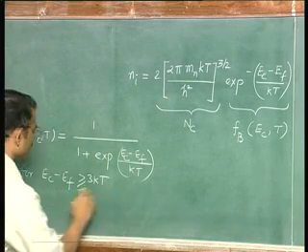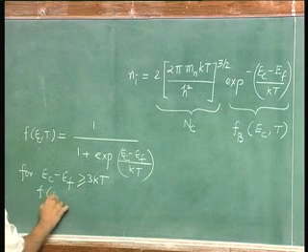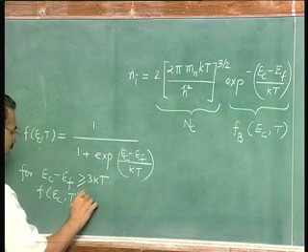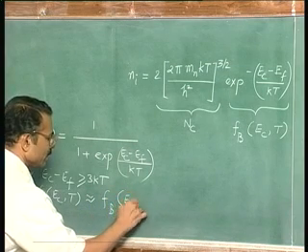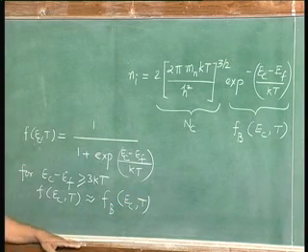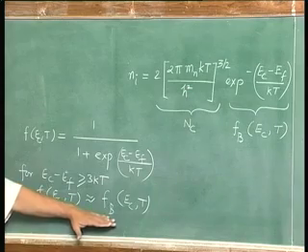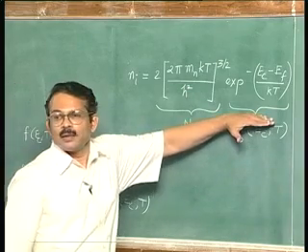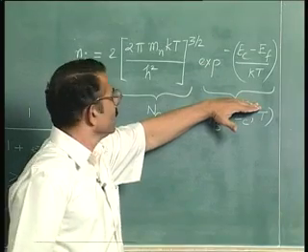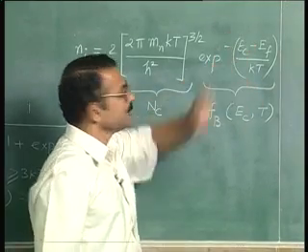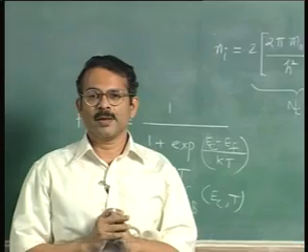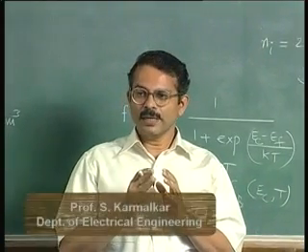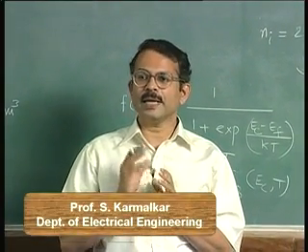So f of Ec comma T is approximately equal to FB of Ec comma T, and this is the Boltzmann approximation. That means this term represents the fraction of states occupied for energy Ec within an interval dE at any temperature.